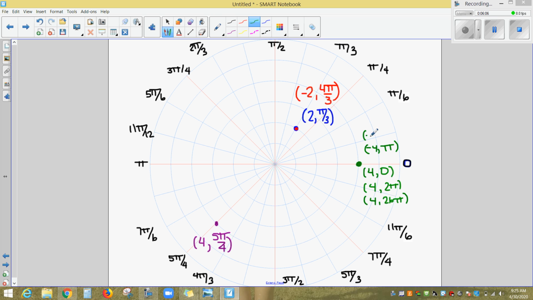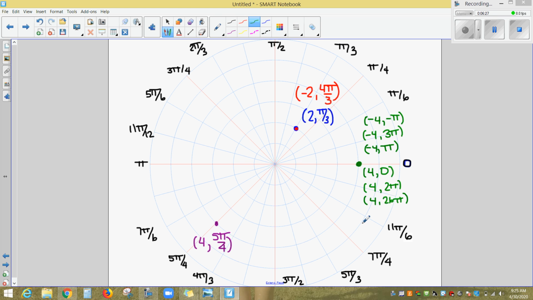Or I could say (-4, 3 pi). Or we could throw negative angles in there as well. (-4, -pi), because -pi would wrap us right back around here. -4 would walk backwards instead of forwards.